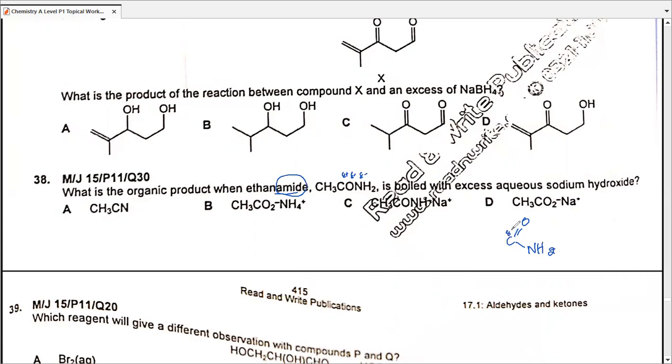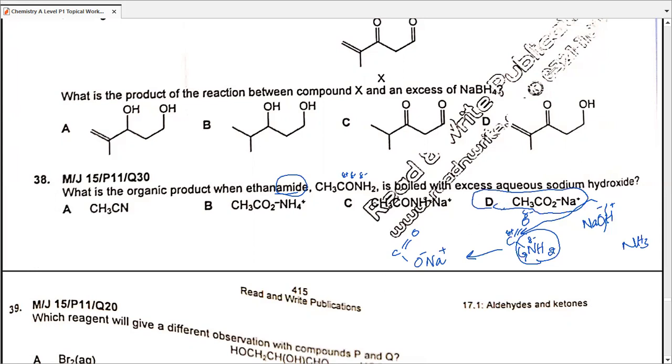There is excess of NaOH, so it attacks over here and replaces this whole thing. This keeps the bond, leaves out as NH3, and hence this one is converted into this structure. So hence this one is the answer.